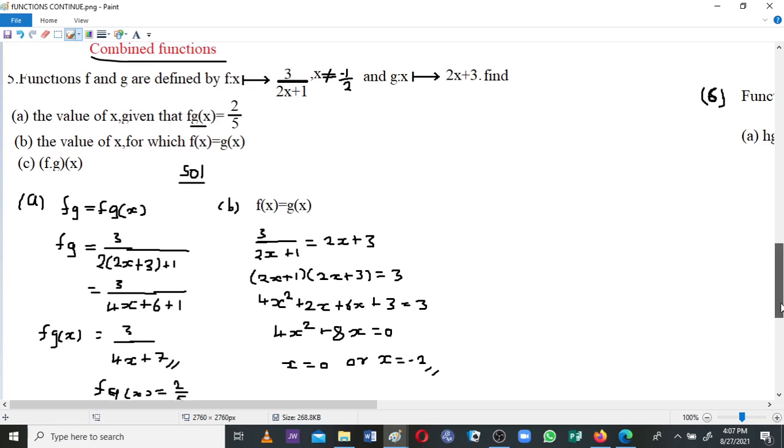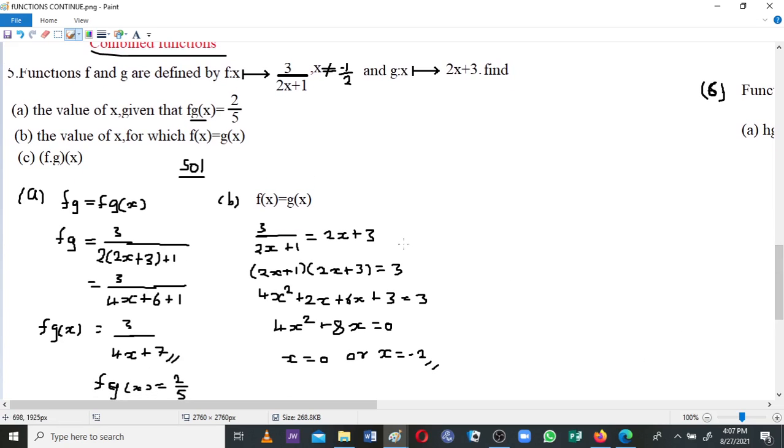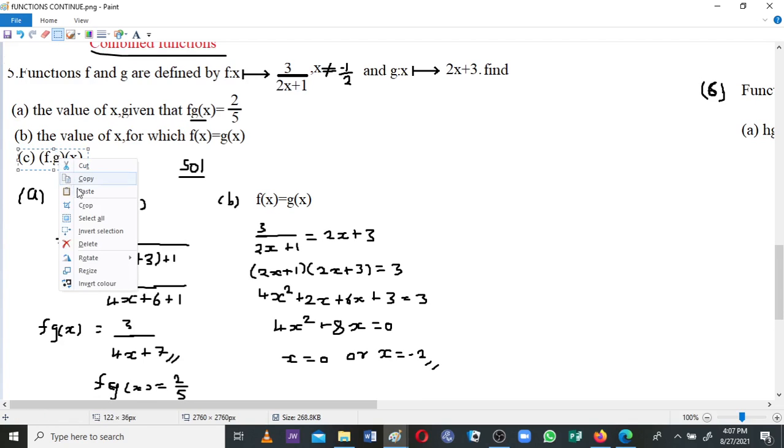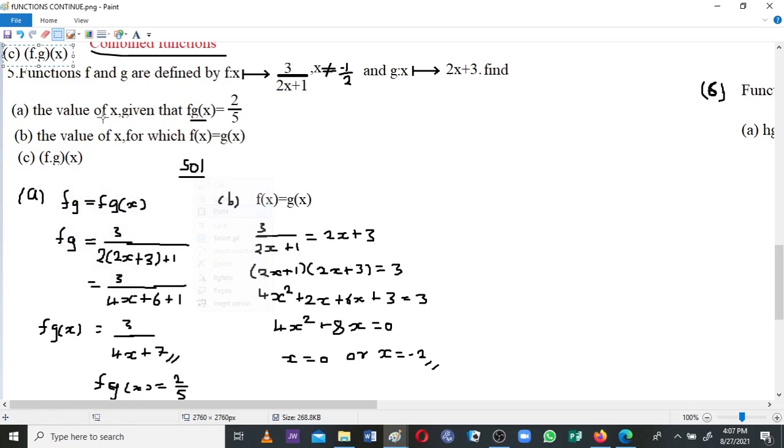Now we can solve the last part. Look at the last question. I want you to pay attention to this function notation. If you are not careful, you can look at this and conclude that this is composition of functions, but that's not the case. This one is multiplication of functions, from the explanation that I gave you at the beginning of this video.